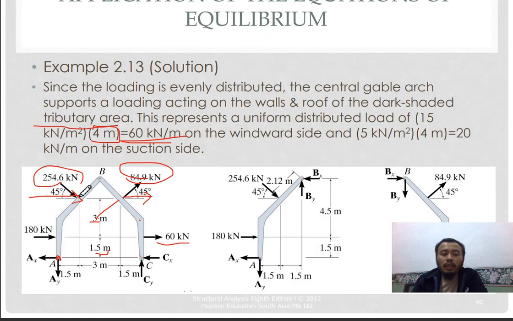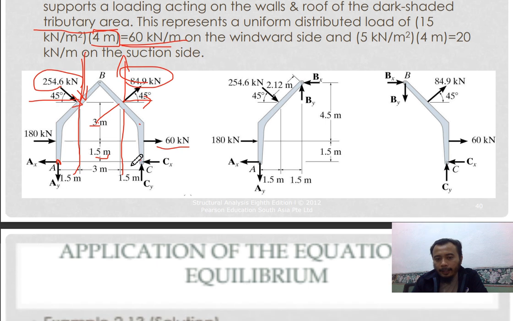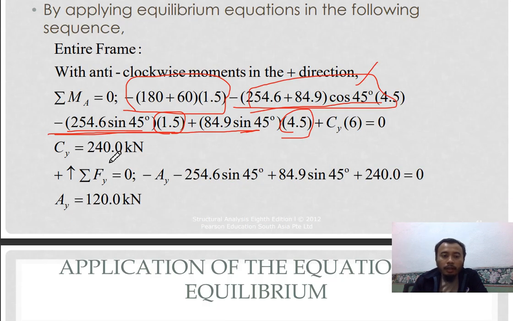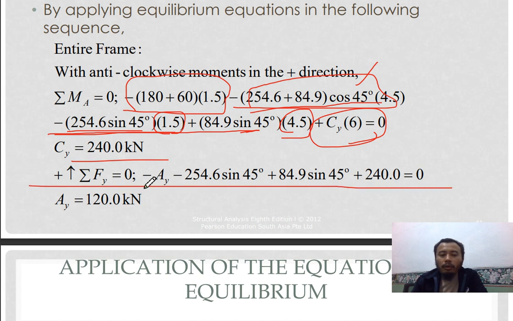So in this vertical direction, 84.9 sin 45, the moment arm will be 4.5, but for this one the moment arm is 1.5. And then you can calculate CY. CY is 240 kilonewton. Then you resolve for FY.